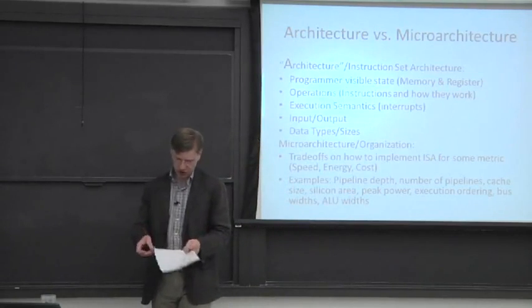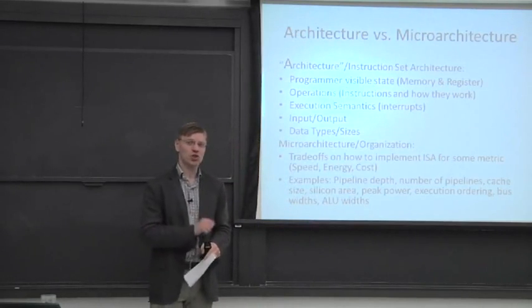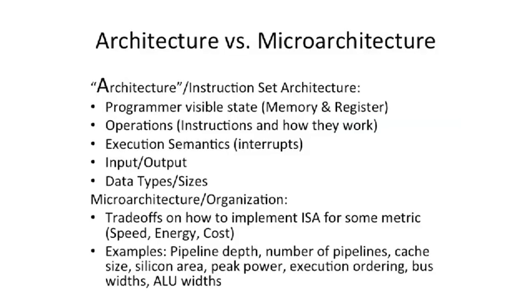And one of the things I wanted to emphasize is that computer architecture is all about trade-offs. You can make different design decisions up here in the big A architecture, the instruction set architecture, and that'll influence the application and the microarchitecture. But also, you can make different design decisions down here and make a lot of different trade-offs on how to go about implementing a particular instruction set architecture.